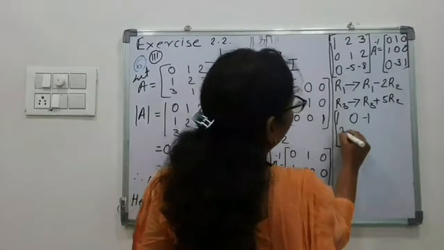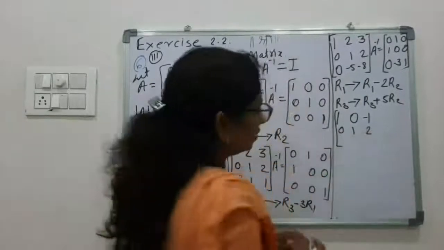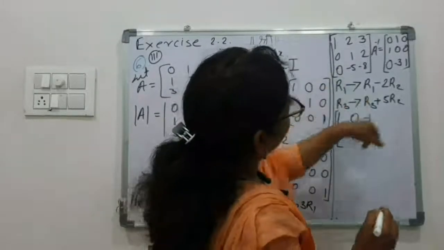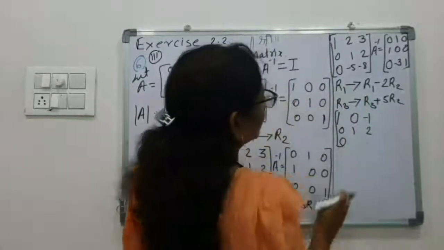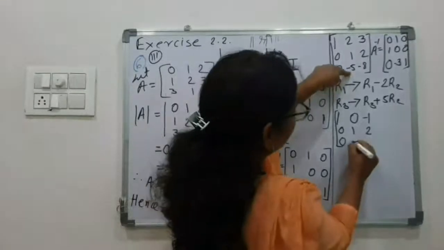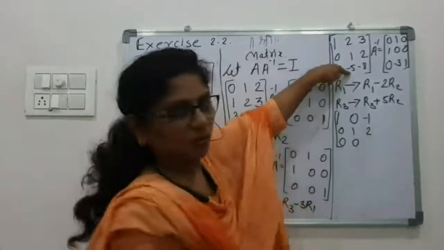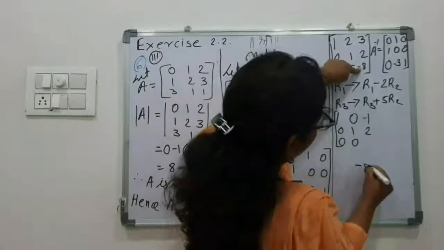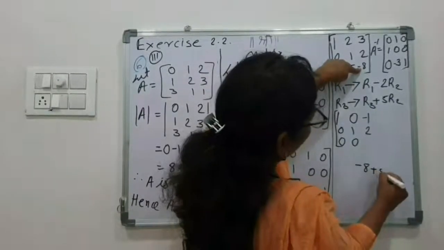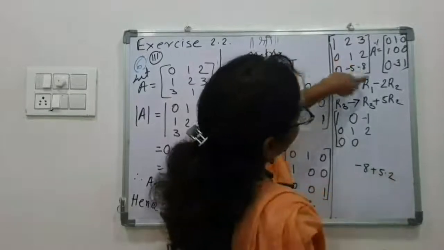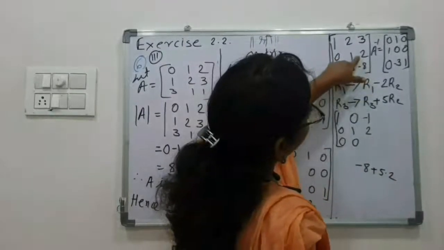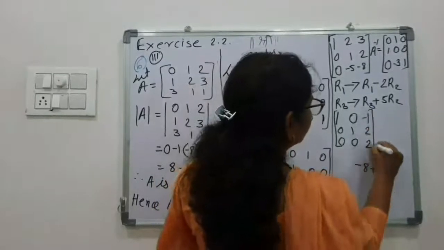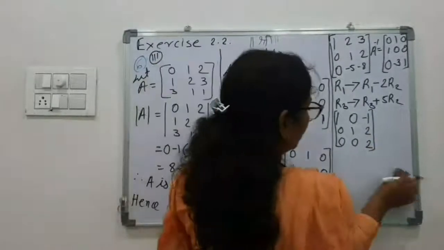R2 no change, so write down as it is. And apply the operation here. It is, see, R3 0, R2 0, so again it is 0. For 0 only we are doing for this place, so 0. Now minus 8 for this. Minus 8 plus 5 into R2 is 2. Minus 8, 5 into R2 means minus 8 plus 10, that is 2. Okay, understood for this matrix.